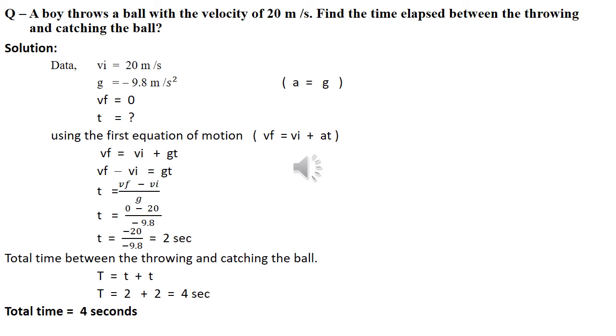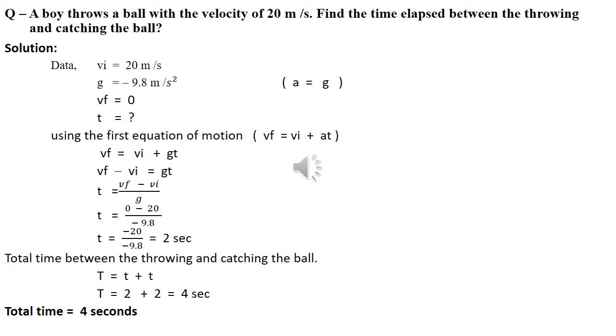So using the first equation of motion, we have to find the time. As we know, the first equation of motion is Vf equal to Vi plus At. But in this question, in place of A, we have to put the value of g. So Vf equal to Vi plus gt.